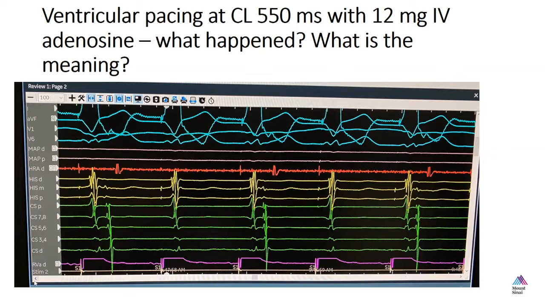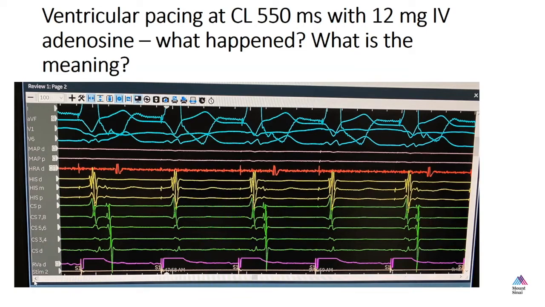Okay, so after the, let me just take a look. Well, I know that adenosine blocks conduction through the AV node. Mm-hmm. And what does it do to accessory pathways?